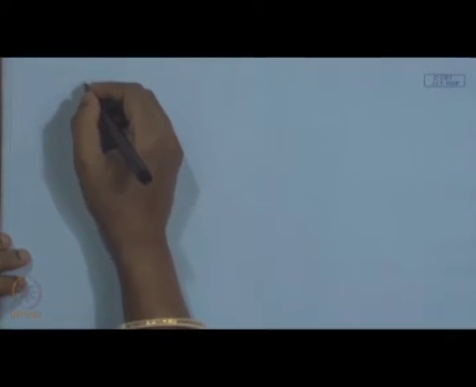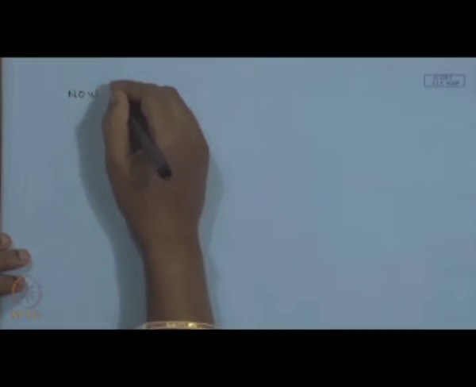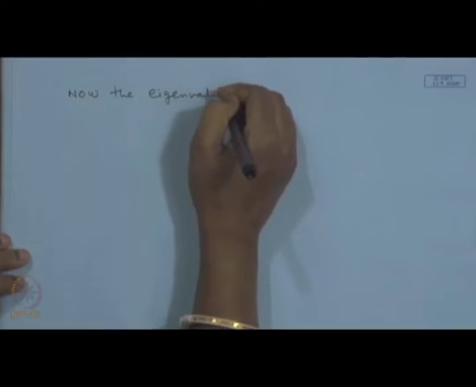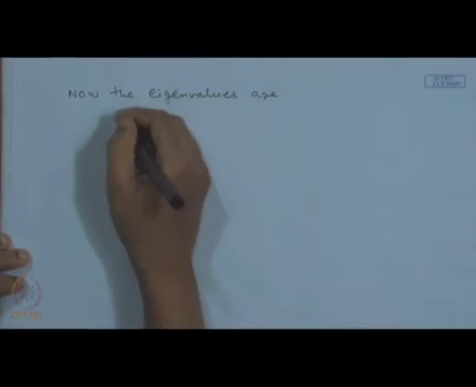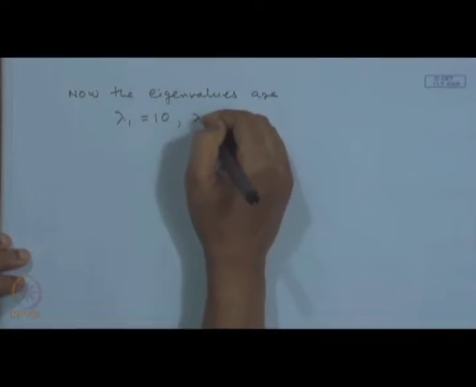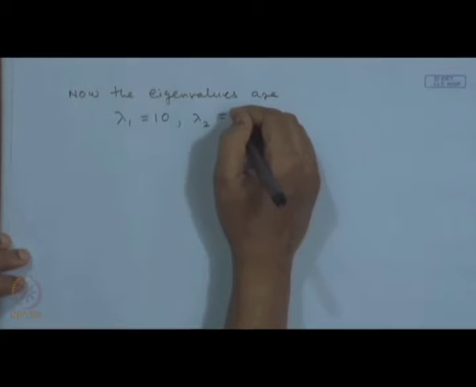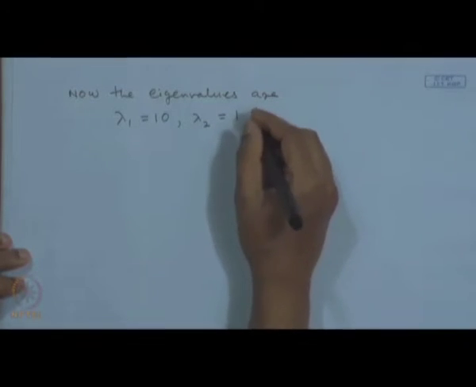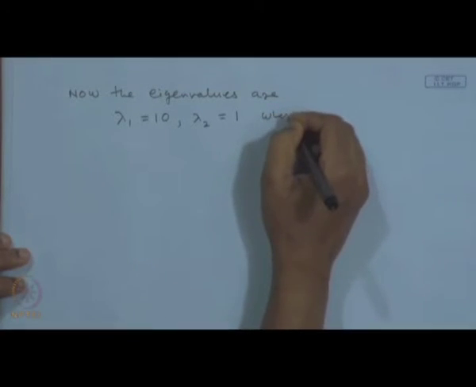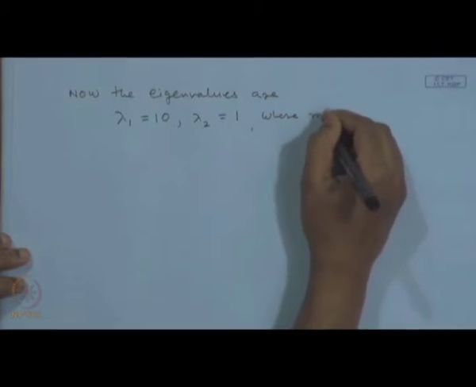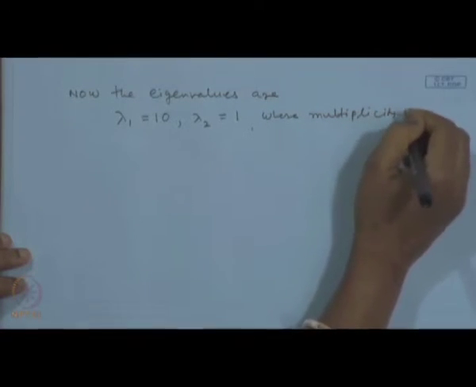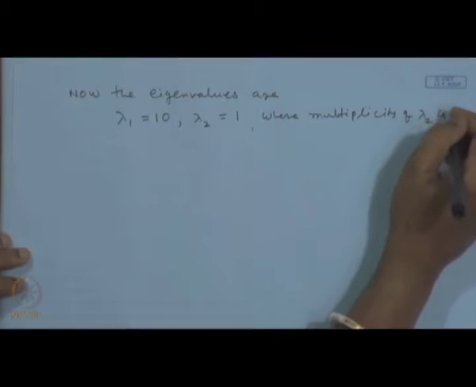So, now the eigenvalues are lambda 1 equal to 10, lambda 2 equal to 1 with multiplicity 2, where the multiplicity of lambda 2 is 2.